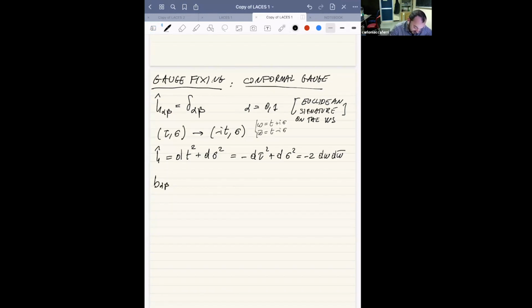So now in these w coordinates, essentially I will have b ww, b w w bar, and b w bar w bar. In fact, it is not so difficult to realize that this b w w bar is just the trace written with this metric.